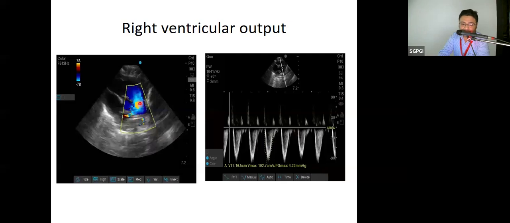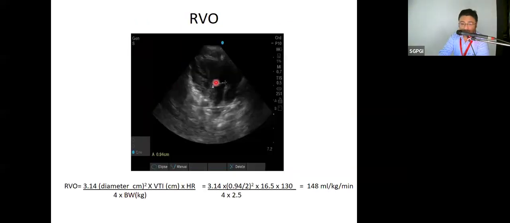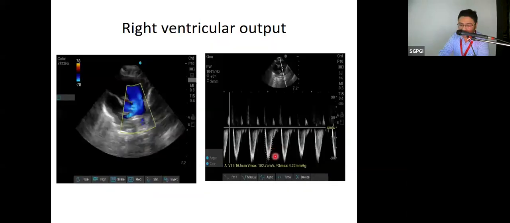You can see this is the right ventricular output. It is branching into two, the left pulmonary artery and the right pulmonary artery, and this is the aorta. This is about the measurement of the pulmonary artery diameter, this A. The formula is 3.14 into the diameter into the VTI, which comes in the last here.